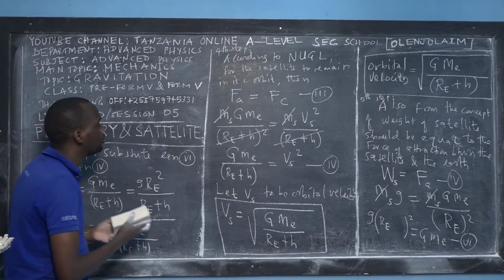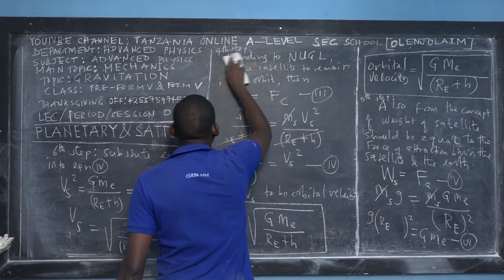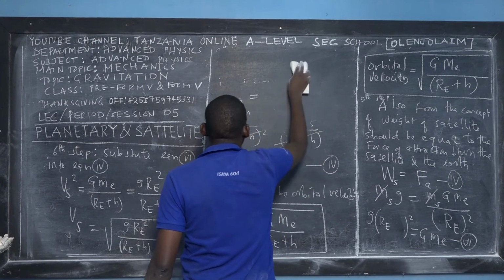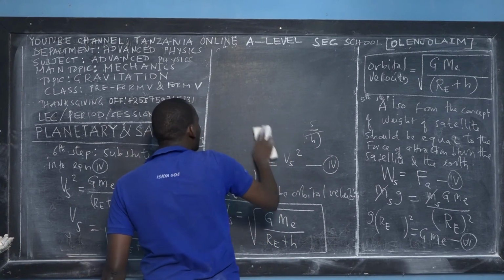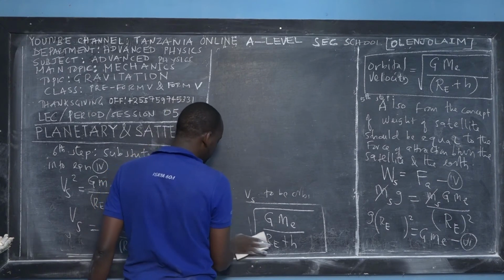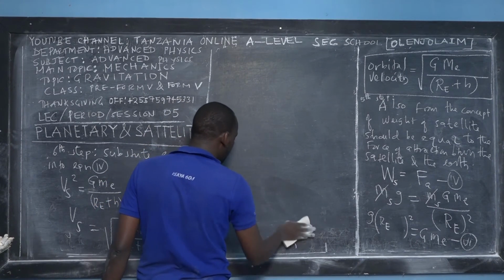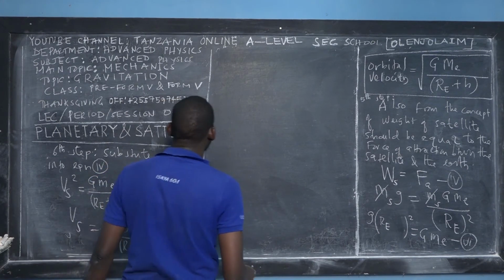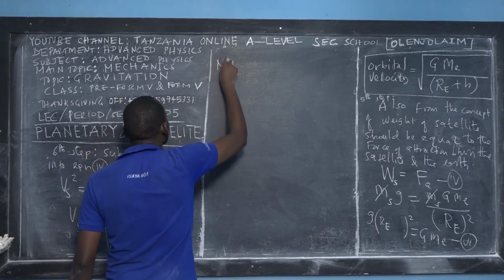I would like to insist on something important. You have to bear it in mind for the rest of your life. And this concept is the relationship between universal gravitational constant, mass of the Earth, radius of the Earth, and acceleration due to gravity. So note this.